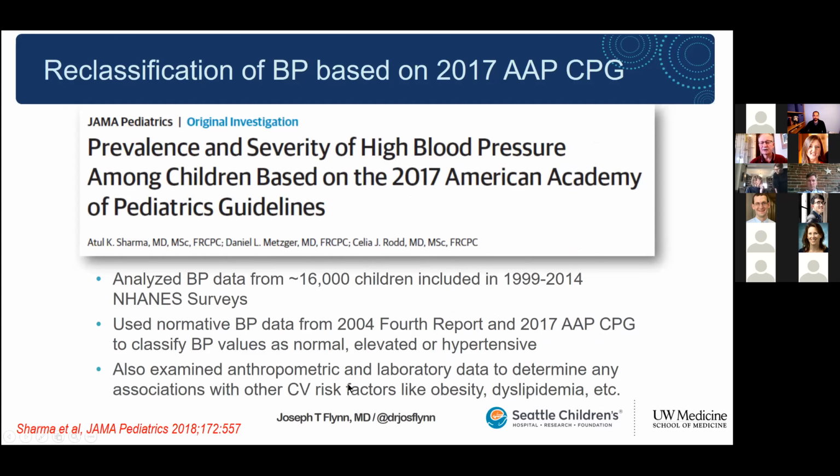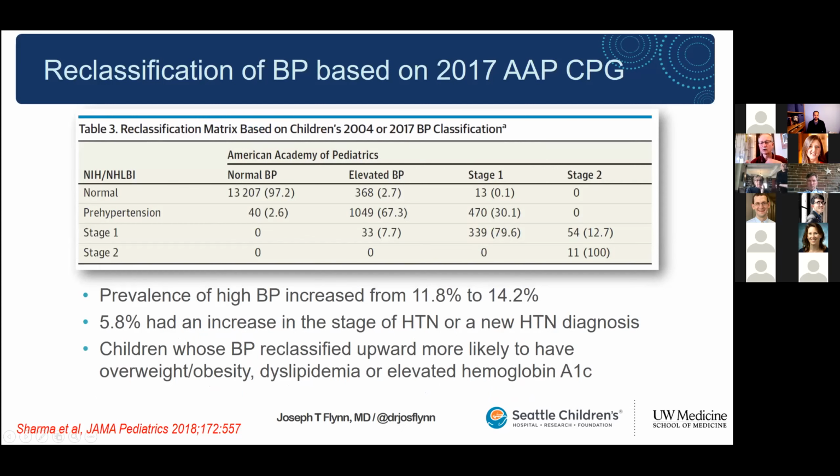They were also able to look at other things like laboratory data, overweight, and lipids. And when they looked at that, they found that overall the prevalence of high blood pressure, which combines pre-hypertension plus hypertension, increased from 12% to 14%.